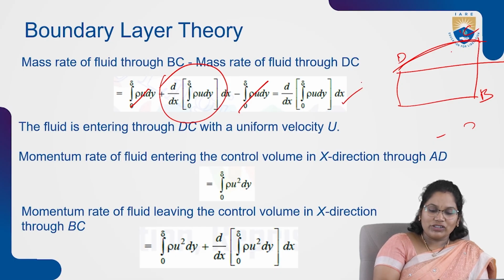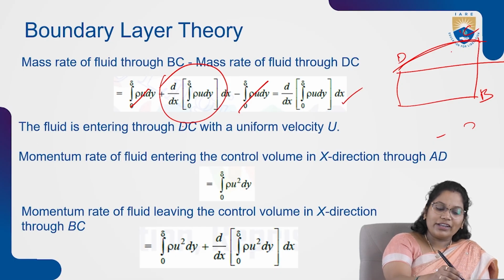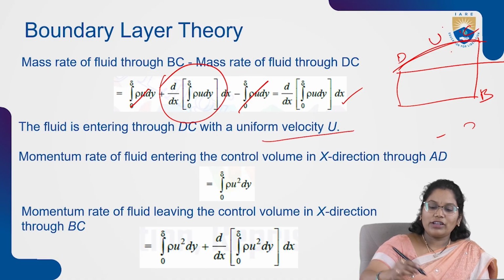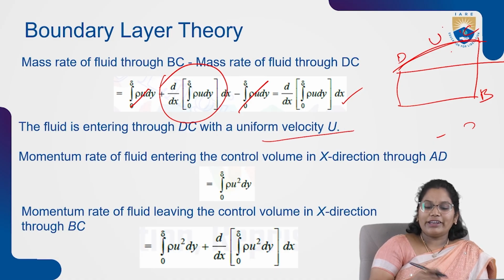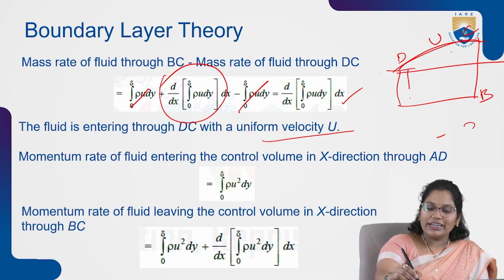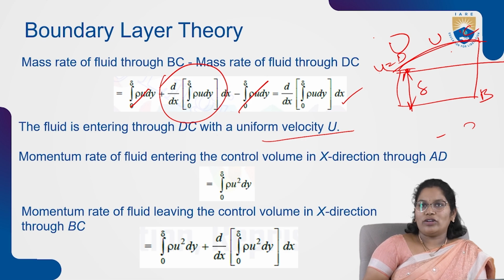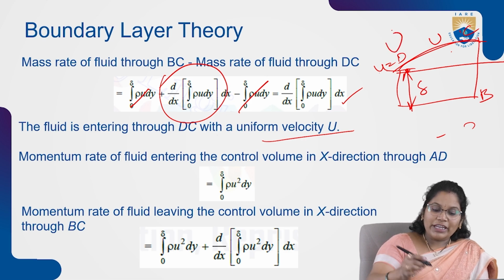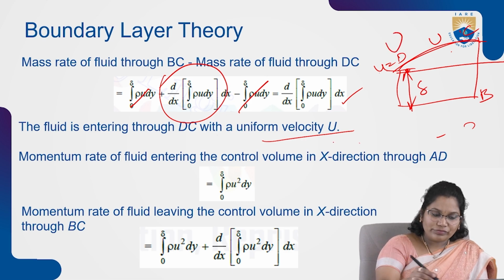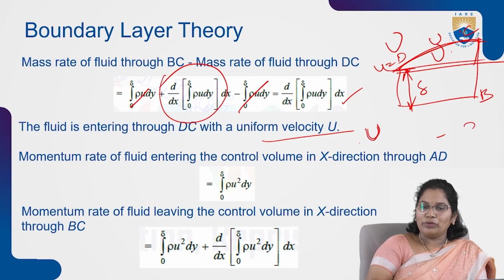The fluid is entering through DC with a uniform velocity u, up to the boundary layer thickness. At this point the velocity becomes the mainstream velocity, so in place of small u, for DC you can write capital U.